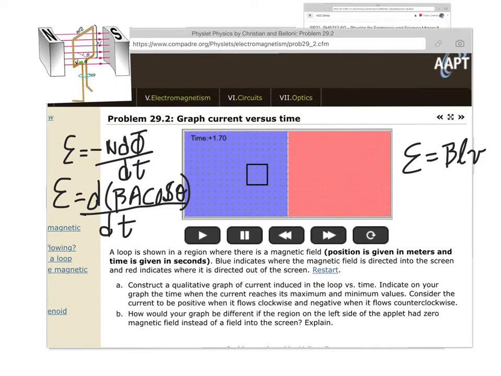And from this, since the B is constant and the L is the length of the loop, right? And so that's constant, but the width of the loop in the field, and so we've derived this earlier, but it's the dw/dt, which is the velocity. And so, oh, it's not on the screen, but it's BLV, right?